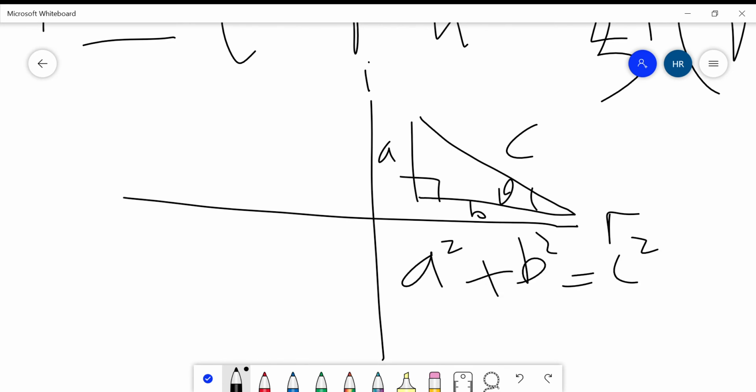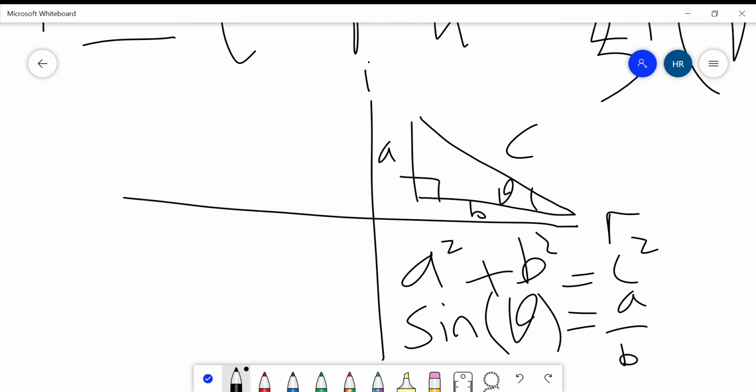That is the Pythagorean theorem. And sine theta is equal to a over c, because sine is equal to opposite over hypotenuse. But since A is an imaginary value, because it's on the imaginary scale, it's an imaginary over C.